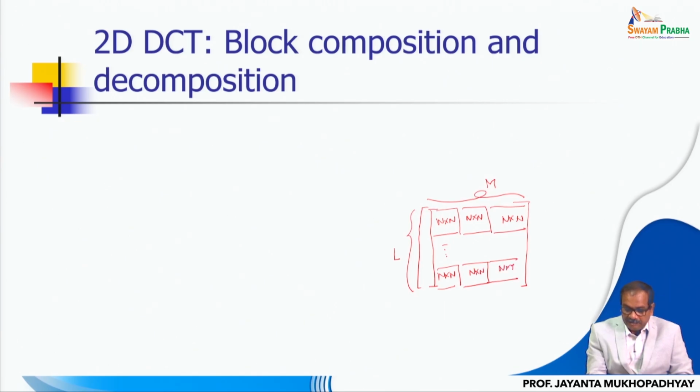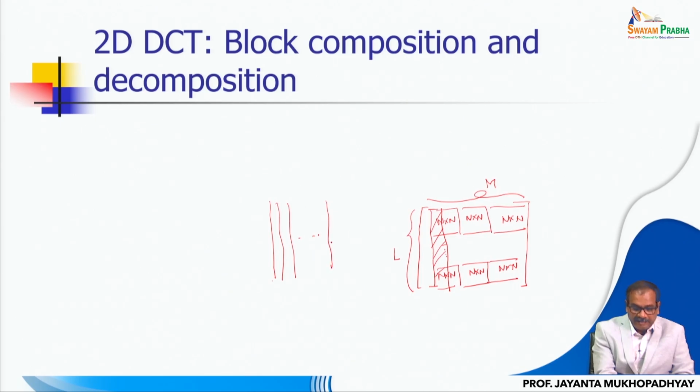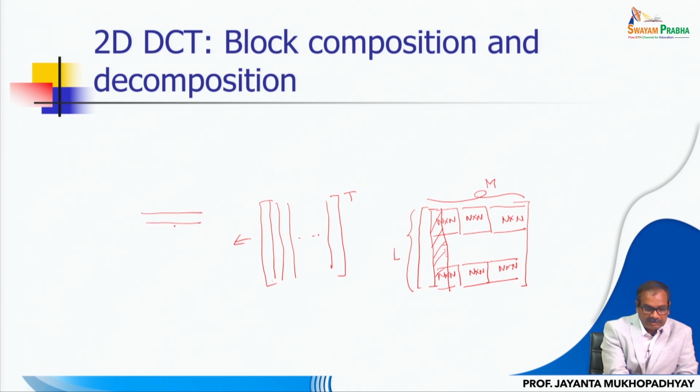So, when we consider a transformation or composition, I will be composing this column into a form of this. Every column is first composed, and then you apply transposition once again to convert them to rows.